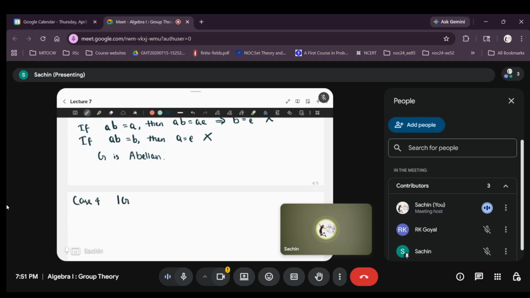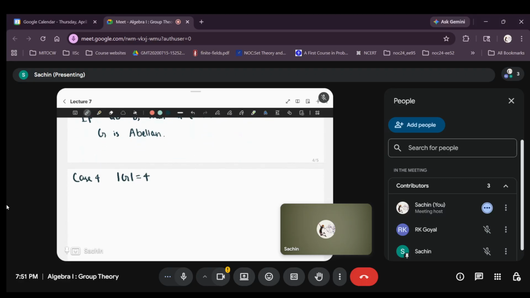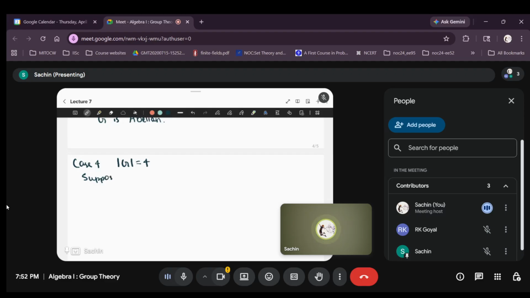Case 4. Here a few more steps are required. We'll start with the assumption that G is not abelian and then prove that this is not possible, that there is a contradiction in every subcase.